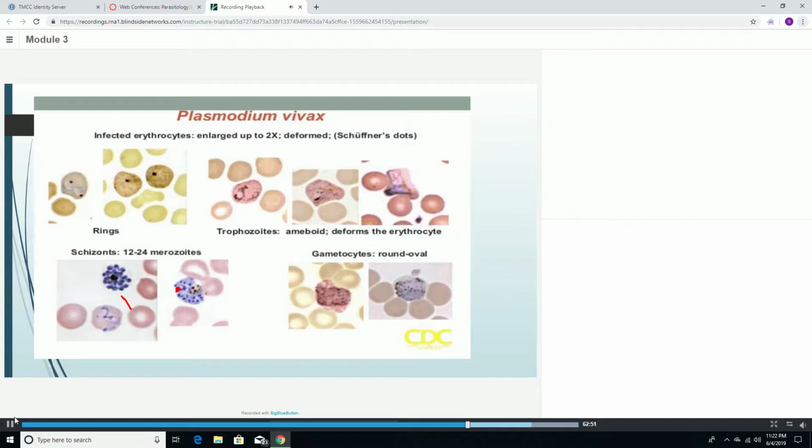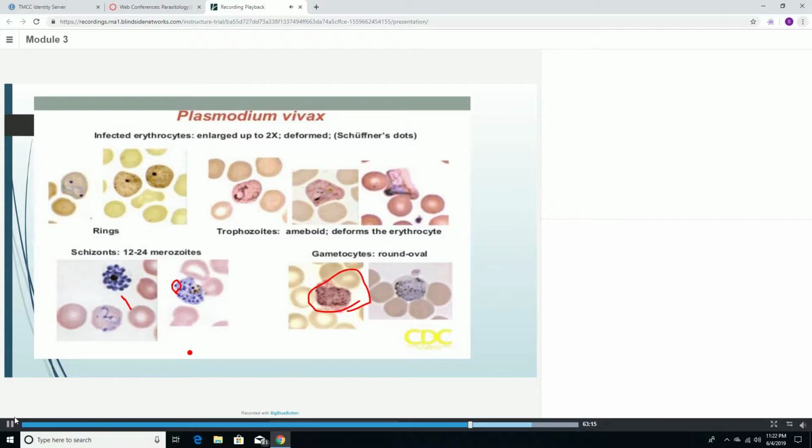These small infectious dots here are considered merozoites. We have gametocytes, which eventually look like a round oval projection on the side of our red cell. So that's the gametocyte. Excuse me, the trophozoites again are the ring forms inside of our blood.